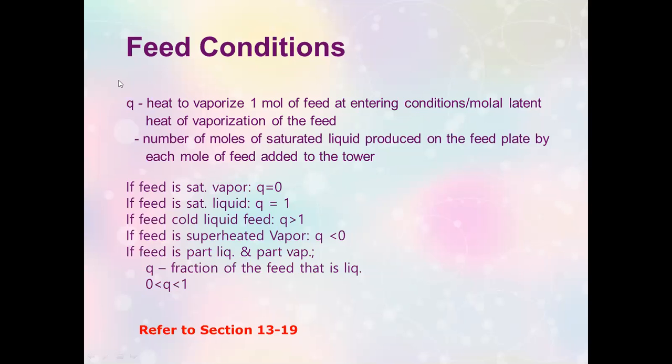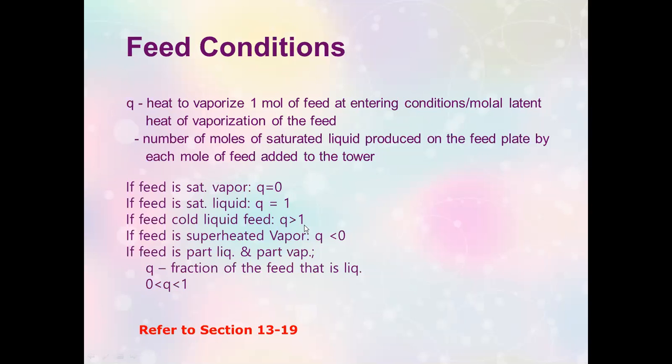So this Q will have a specific value based on the formulas that are provided, also based on the state of your feed. Is your feed saturated liquid? Is your feed subcooled liquid, saturated vapor, superheated vapor? Those will have different values for the Q, or different formulas to use in determining the Q. So if it's saturated vapor, you have this Q. If it's saturated liquid, you have this.